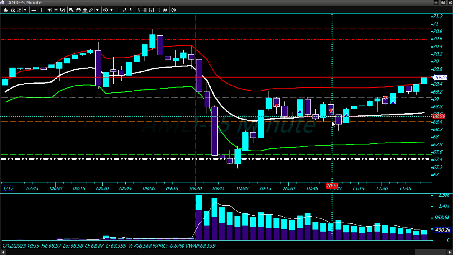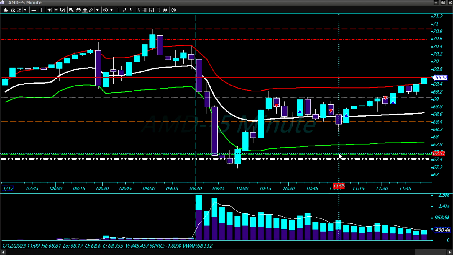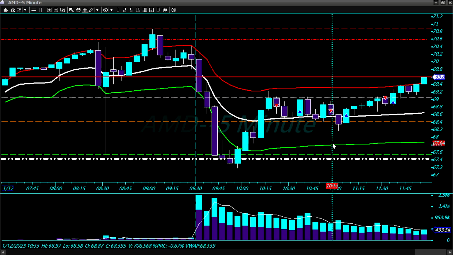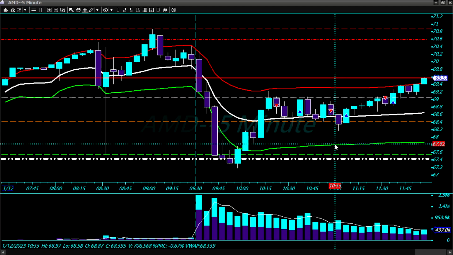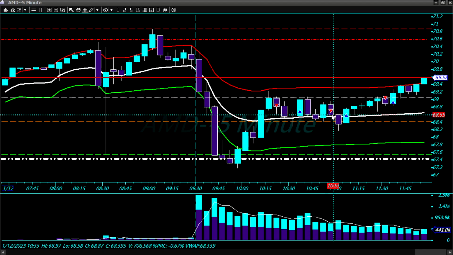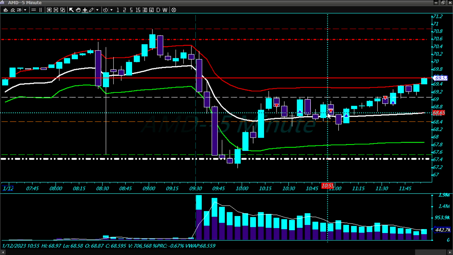I was trying to get back down to pre-market lows, around 67.58, or even the lower VWAP, which at the time was around 67.83, somewhere around there. So just a small little scalp move, you know what I'm saying? So I went short here at 68.65.